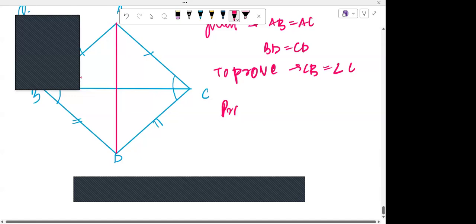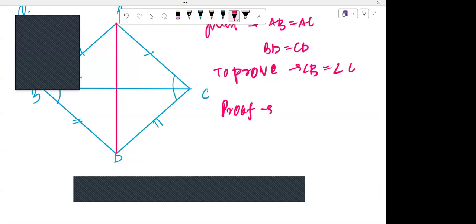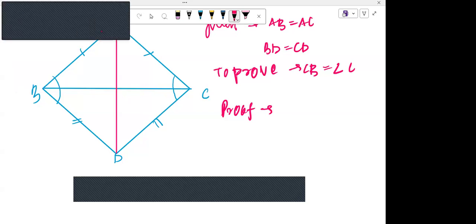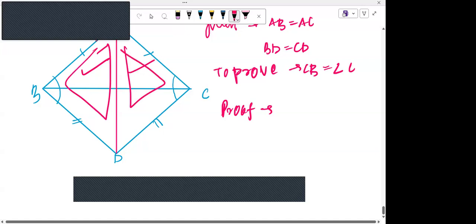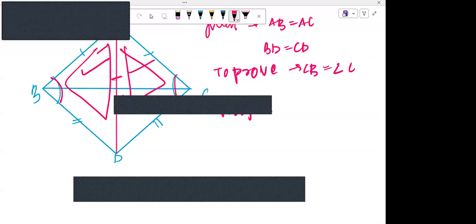So side AB is equal to side AC, and side BD is also equal to side CD, and common side AD for both. So we can prove this whole triangle and this whole triangle congruent by SSS congruency, and thus we will have angle B equal to angle C. It's a very simple question. You just have to draw one construction, okay?